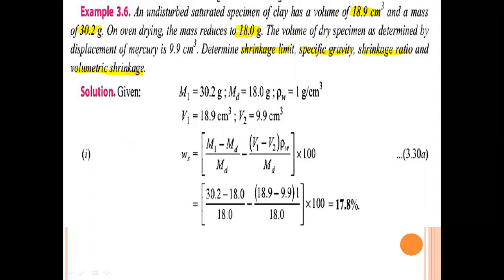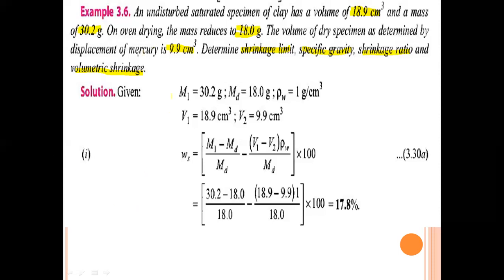And also next one, volume of dry specimen as determined by mercury, 9.9. Here two volumes and masses are given: the specimen mass and the dry mass.